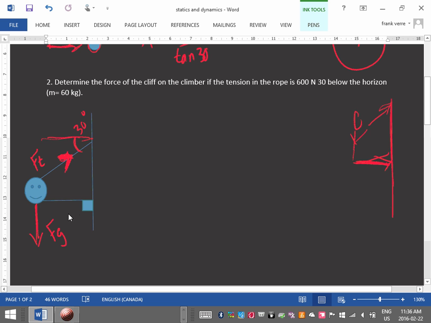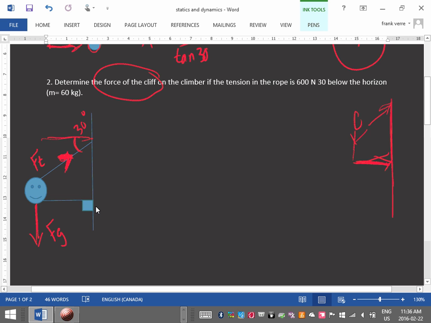Now there is another one that we're going to figure out, which is the force of the cliff. The cliff itself is going to exert a force on the climber, because you can see otherwise there's an unbalanced force to the right.